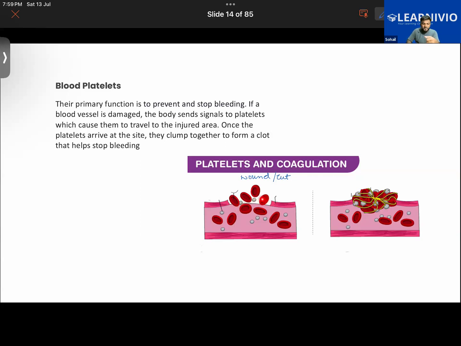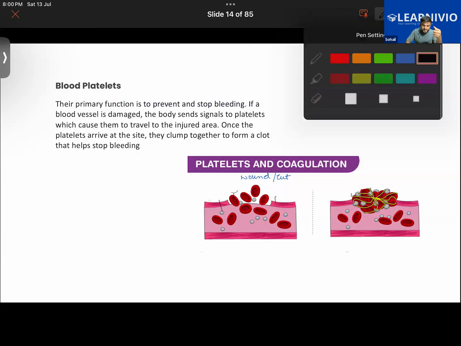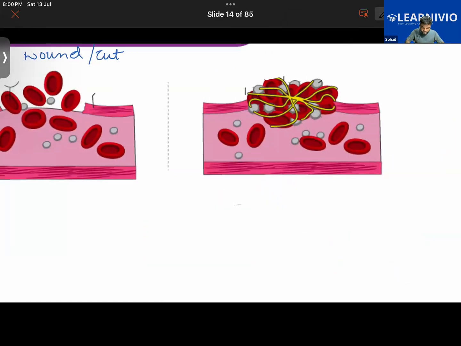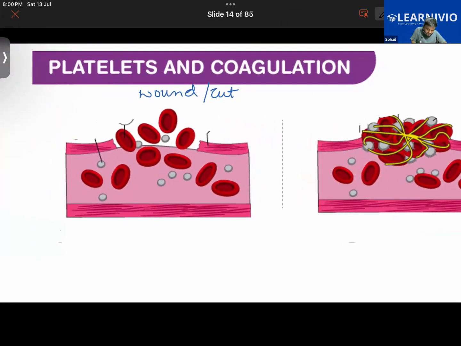The flow of blood from a wound or a cut needs to be stopped. So blood has a component called blood platelets. The ones that you see in white color over here, all these are blood platelets. Getting it, guys?